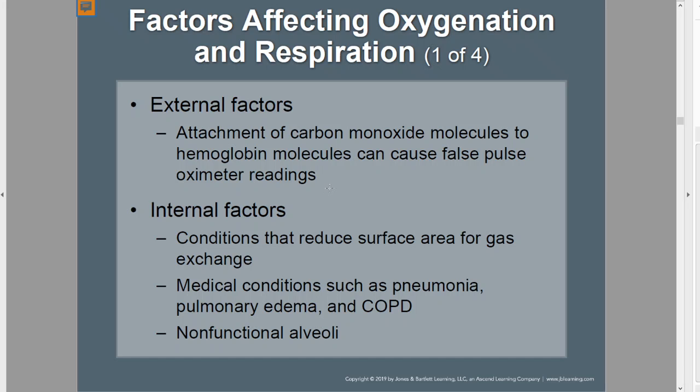So it's wintertime, and somebody has lots of CO gas in their house. It's blocking hemoglobin from transporting oxygen. And we have internal factors. So these are conditions that reduce surface area for gas exchange, right? And that could be from asthmatics, pneumonia, or something going on with the alveoli, etc.